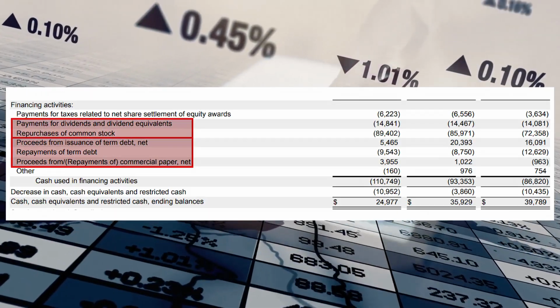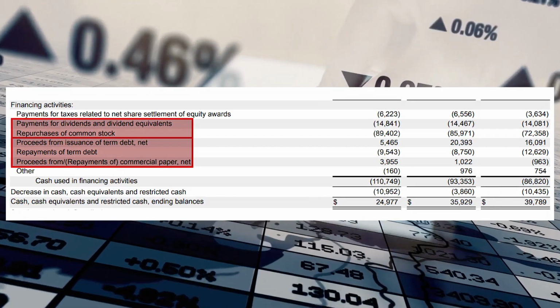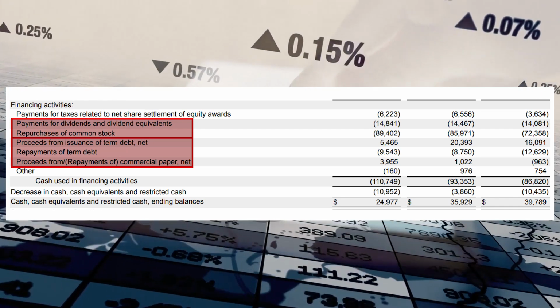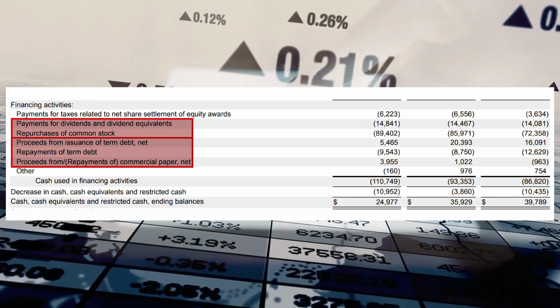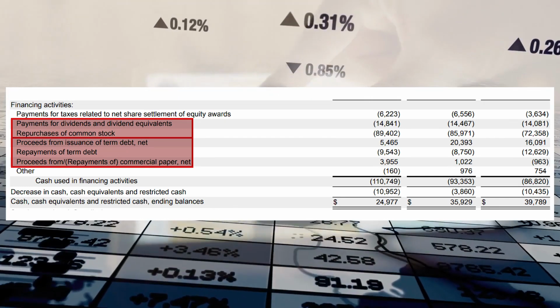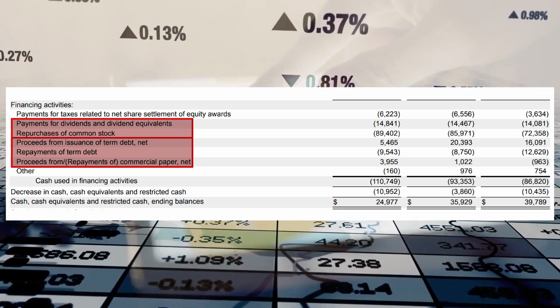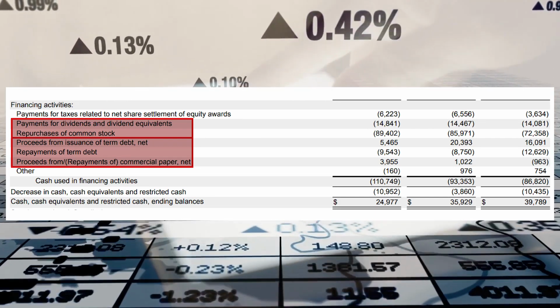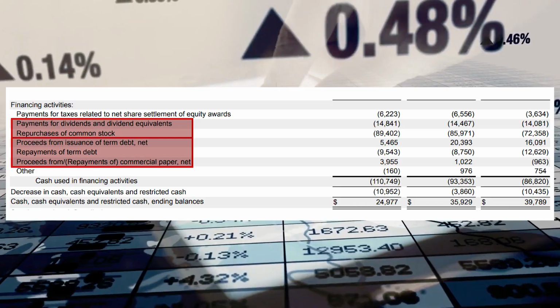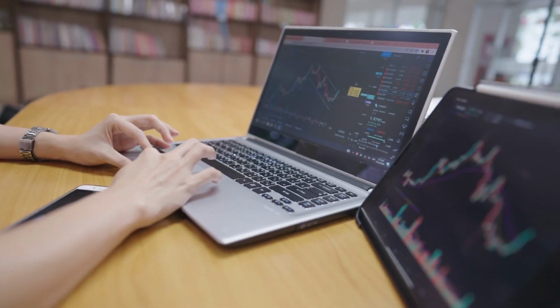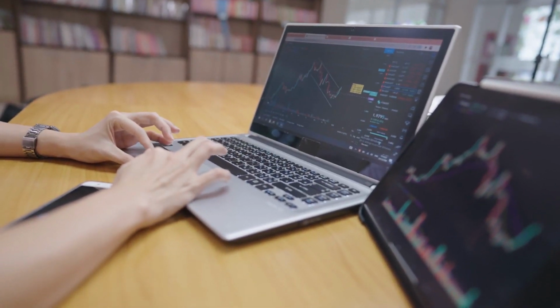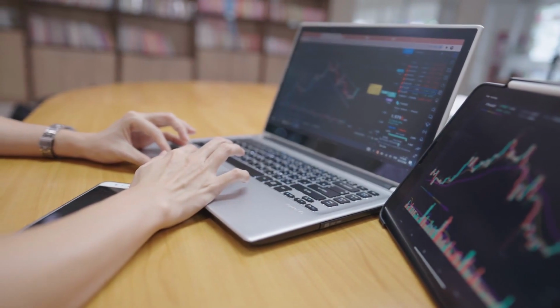And finally, we come to cash flow from financing activities. This involves cash coming in from issuing stocks or taking on debt, and cash going out to pay down debt, repurchase stock, or distribute dividends. Speaking of dividends, they often carry a powerful message to the market.